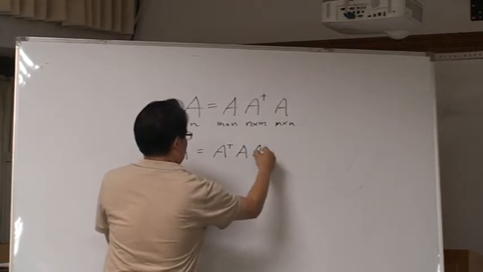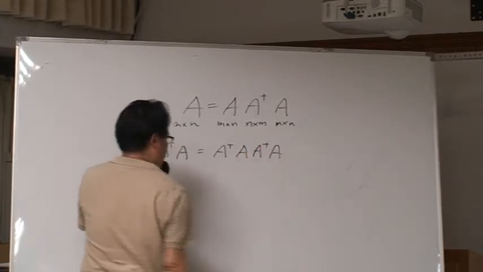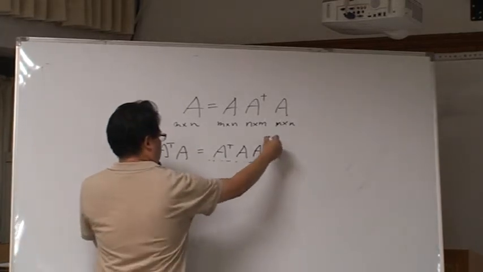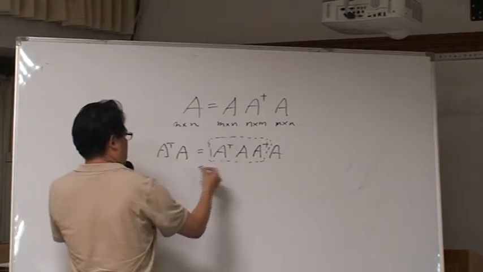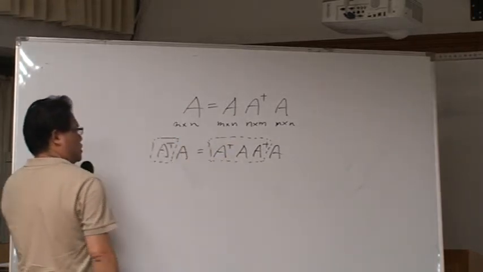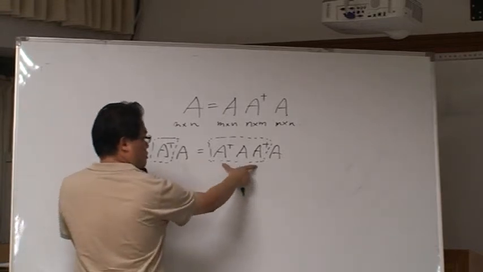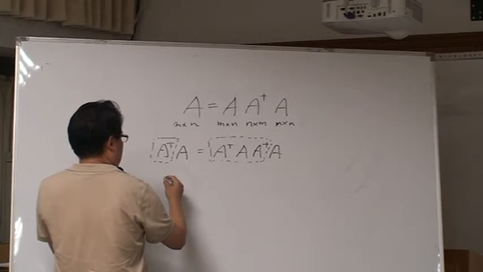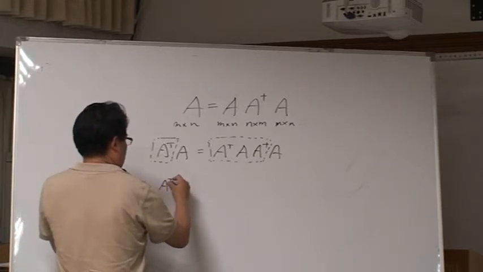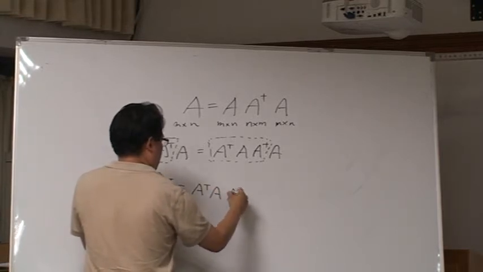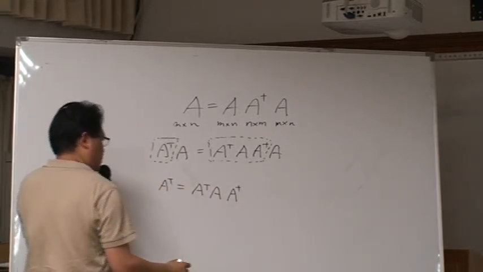Now, if you look at these three matrices, you can see they are actually the same, because we have A here and the same A here. So you can get A transpose equal to A transpose A times the pseudo inverse of A.